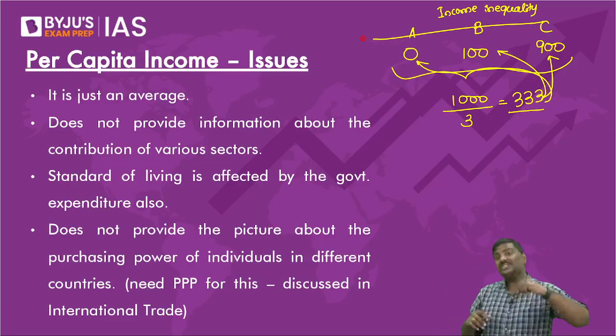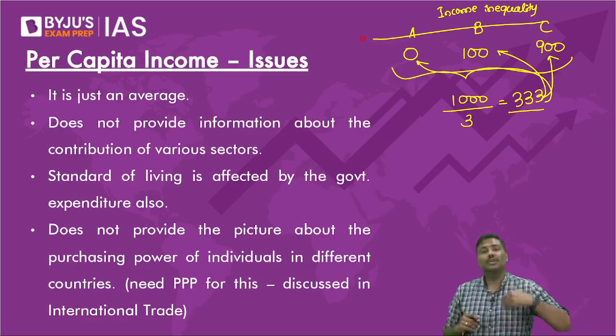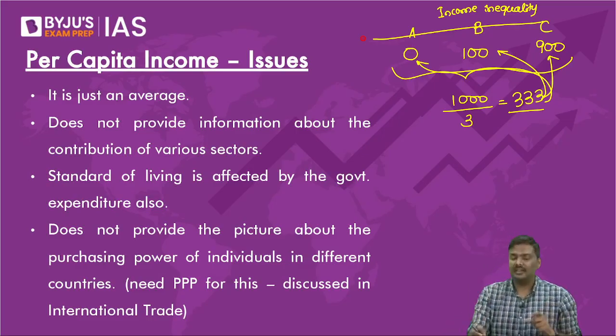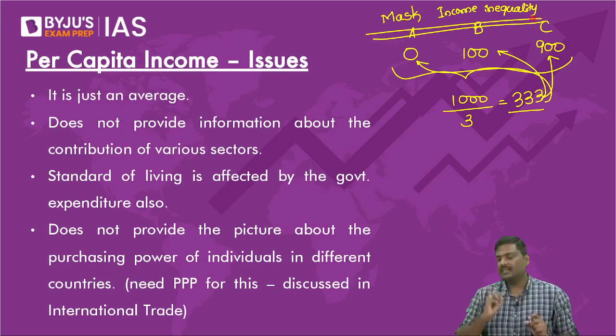Don't you think the per capita income will mask income inequality? Is the logic okay?